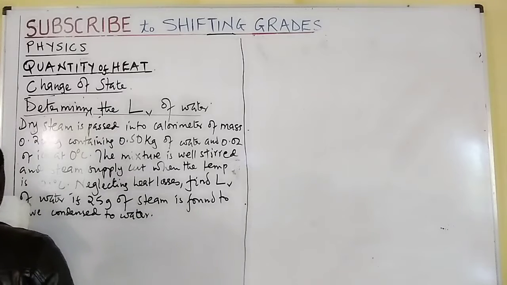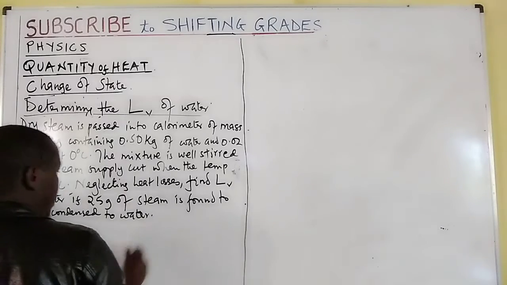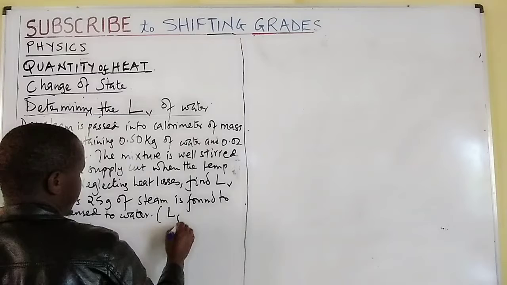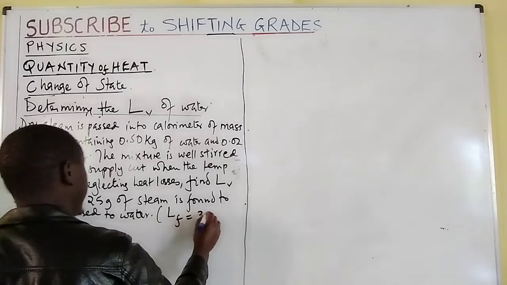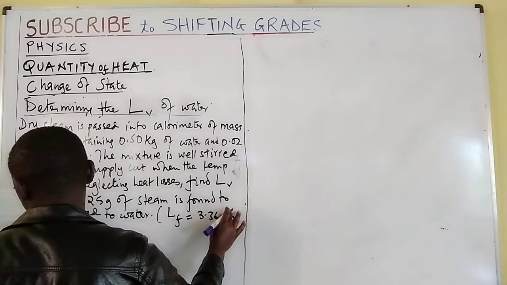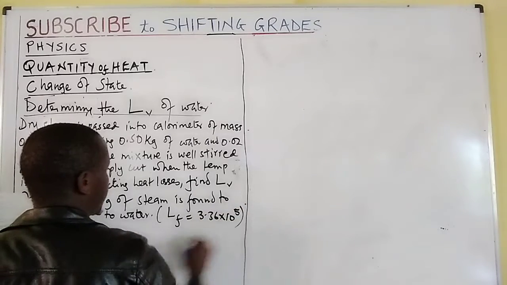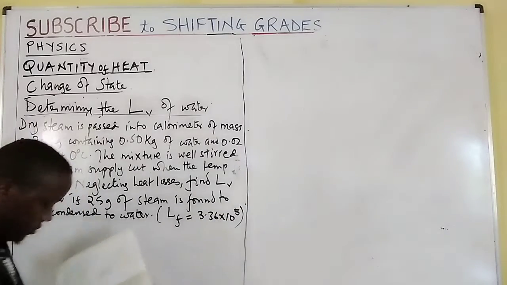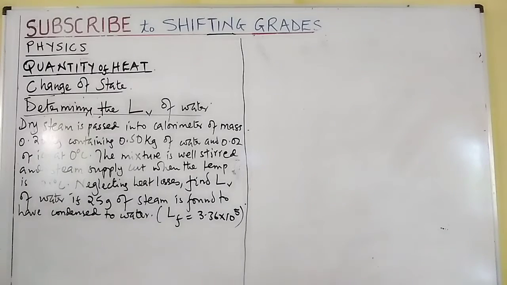Then latent heat of fusion of water is given as 3.36 times 10 raised to 5 joules per kilogram.